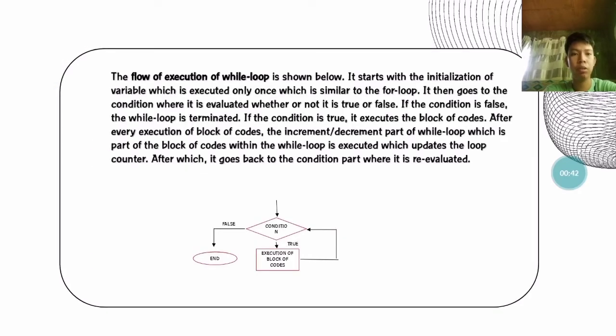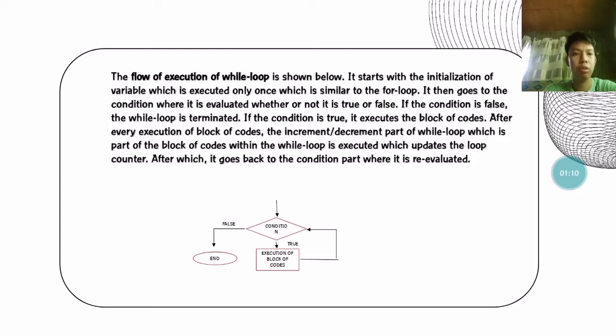The flow of execution of while loop is shown below. It starts with the initialization of variable, which is executed only once, which is similar to the for loop. Then it goes to the condition where it is evaluated whether it is true or false. If the condition is false, the while loop is terminated.